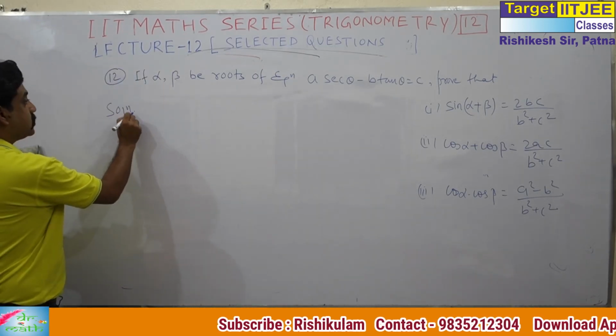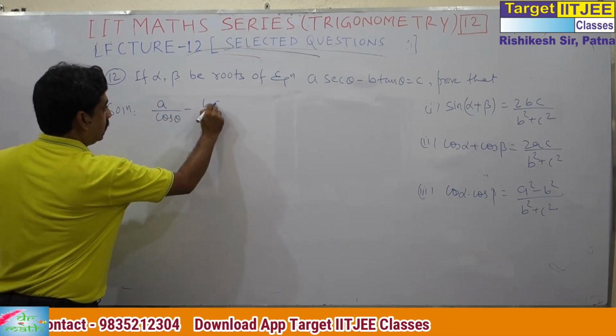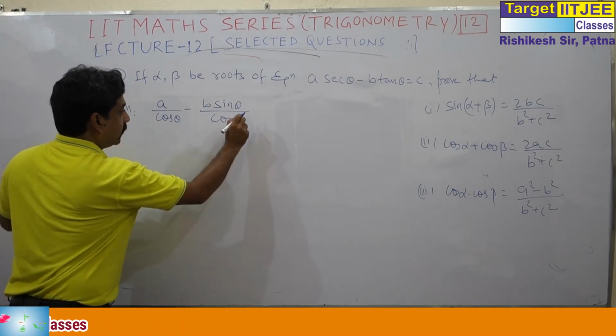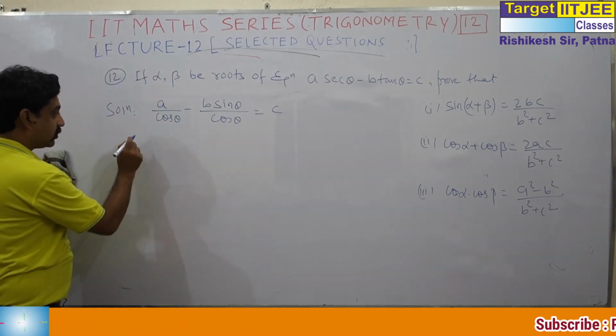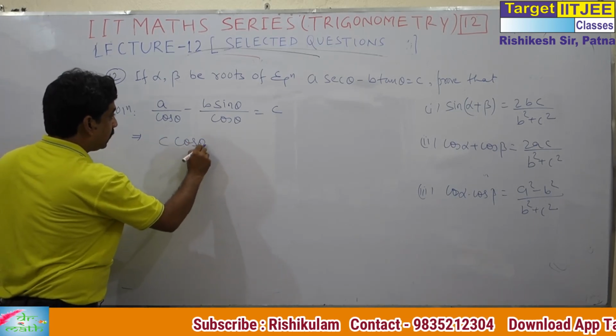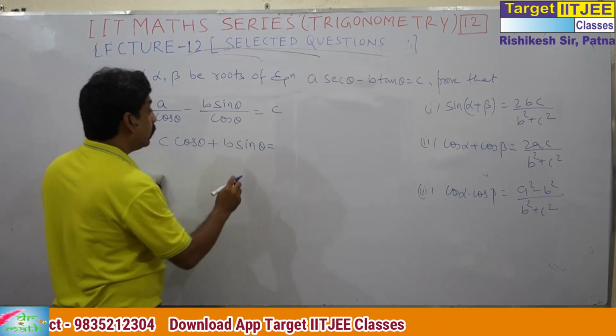The equation is a by cos theta minus b sin theta by cos theta is equal to c. When we cross over the sides, this will be c cos theta plus b sin theta is equal to a.